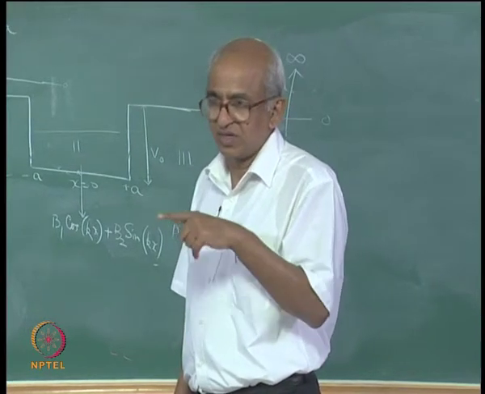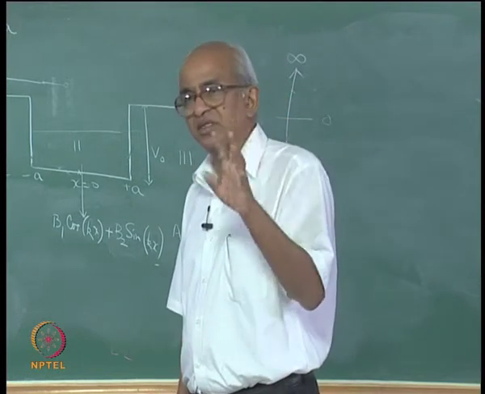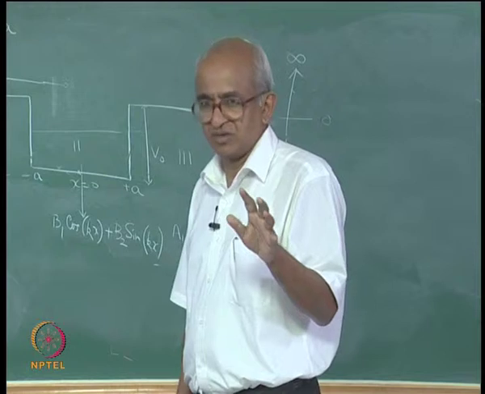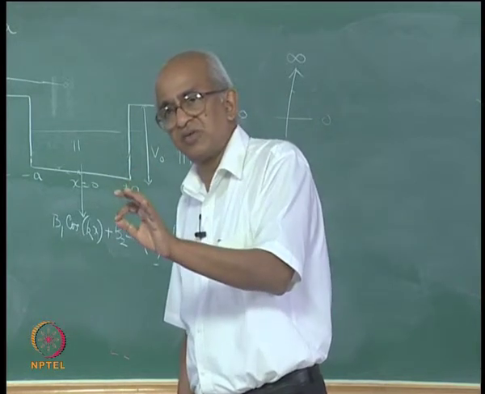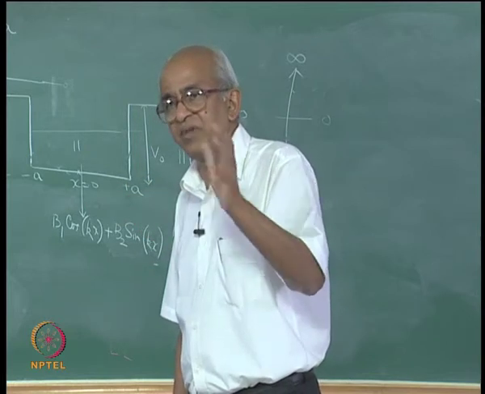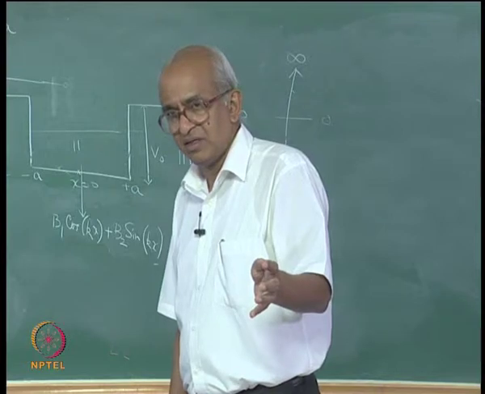This is what we have proved in the morning. So, suppose I am interested in the even solution. Even solution means it is a symmetric solution. If you replace x with minus x, the solution will remain the same, unchanged.